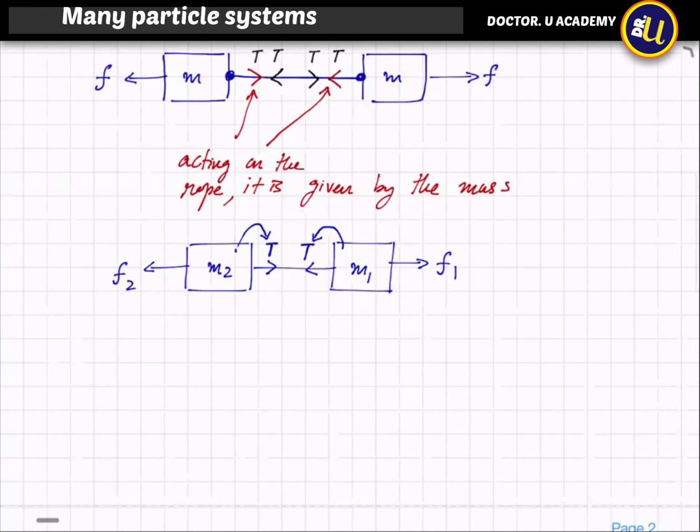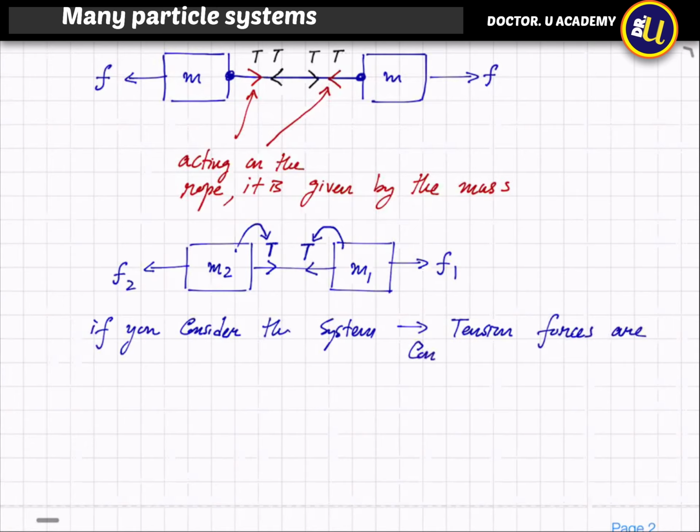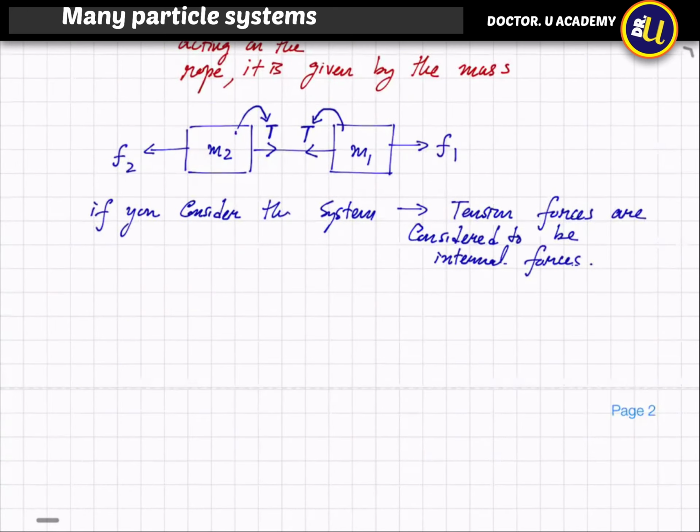So if you consider the system, tension forces are considered to be internal forces. Why are they called internal forces?